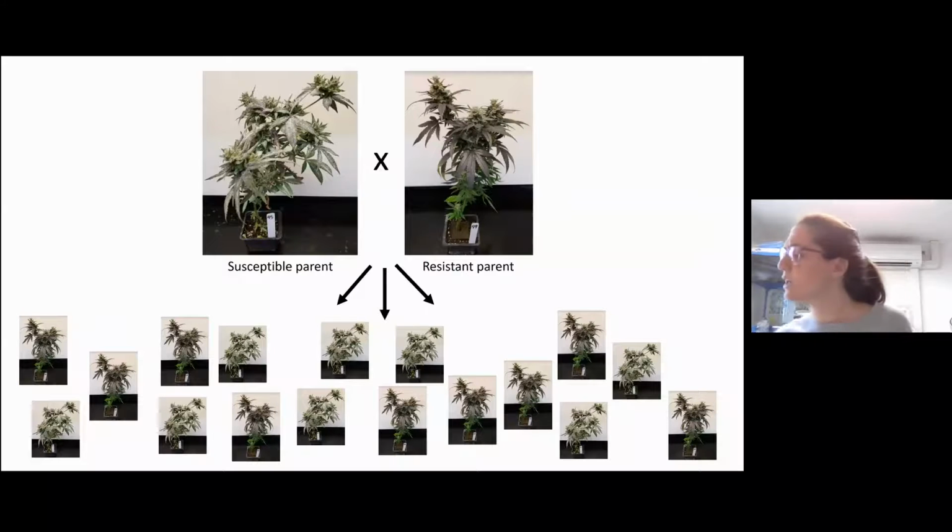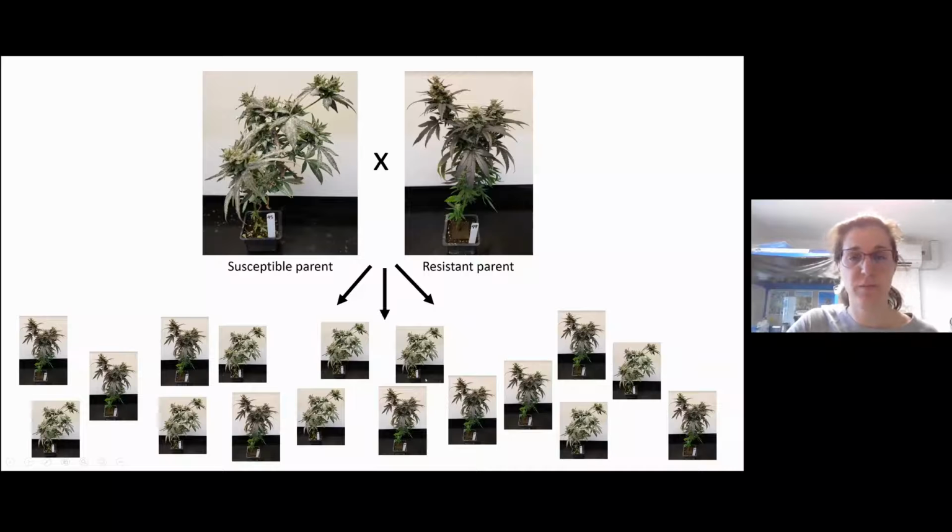And just quickly, I think I have 5 minutes, so I want to quickly describe how we determine resistance and how we use resistance in the breeding process. We have a susceptible parent and a resistant parent, and we cross them.